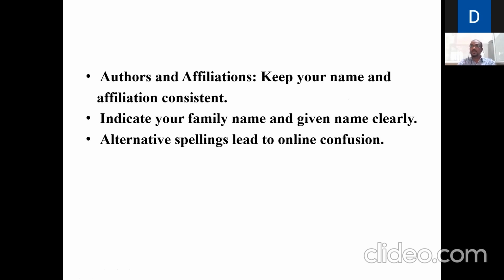If you are missing the A, maybe there is no mistake in the name, but when you spell this name like this, or keep Srinivasa Rao with a space, or Muthu Balaji with a space, it will create confusion during indexing. So keep your name consistent in all papers, right?